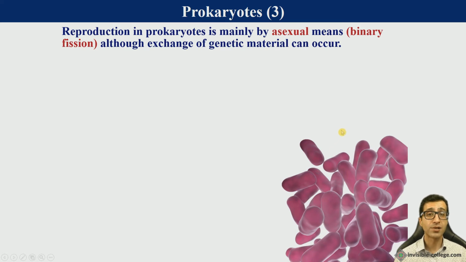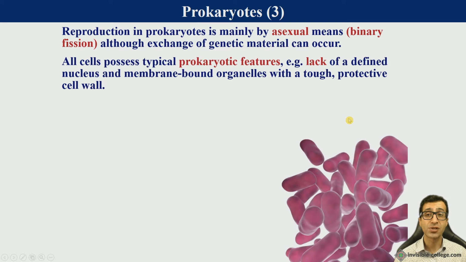Now, all cells among the prokaryotic domains possess typical features. So the feature that distinguishes prokaryotic organisms from eukaryotic organisms is the lack of membrane-bound internal organelles. So prokaryotic organisms like bacteria do not have internal organelles which are surrounded by membranes.